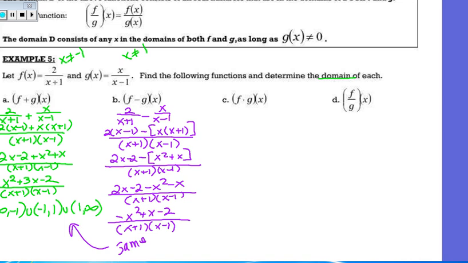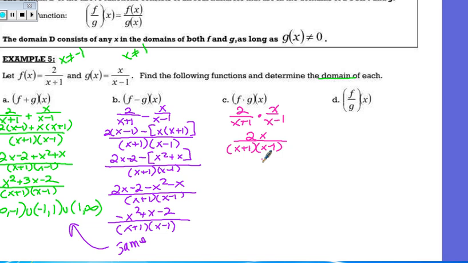In the next problem, we're asked to multiply. So I'm going to take f of x. I'm going to multiply that to g of x. I guess I really don't need the parentheses there. x minus 1. When we multiply fractions, we multiply the numerators and we multiply the denominators. Again, leaving this in factored form here.